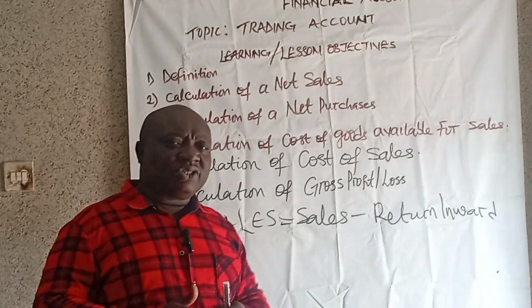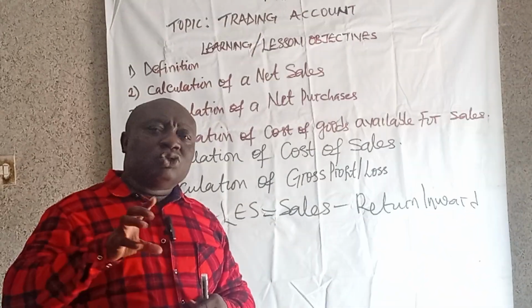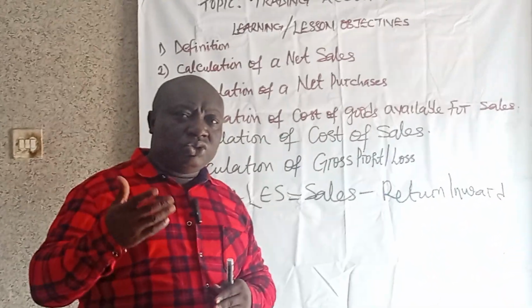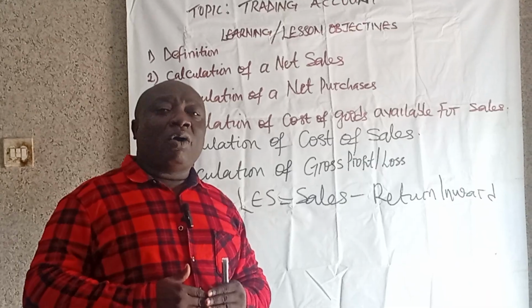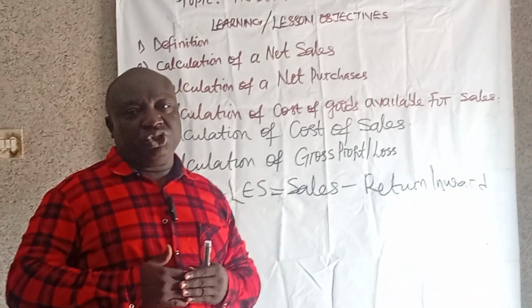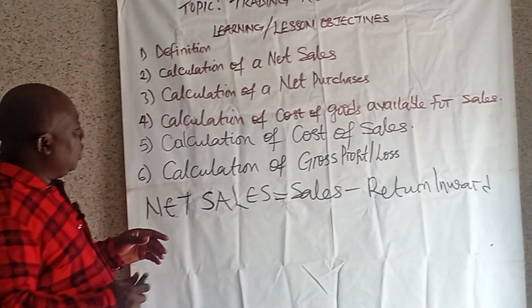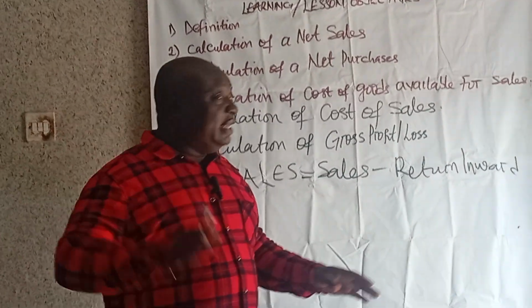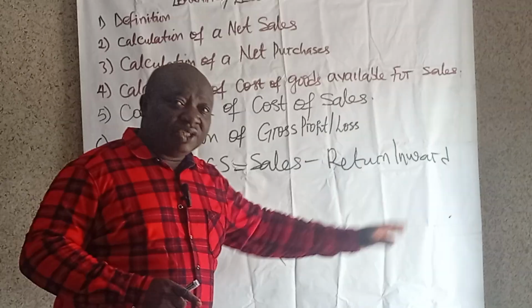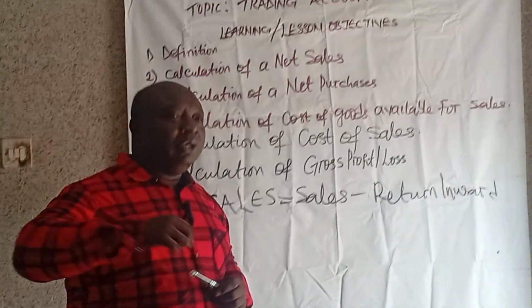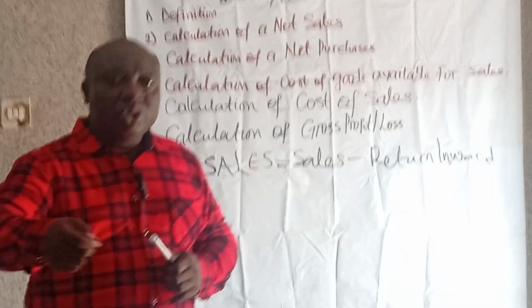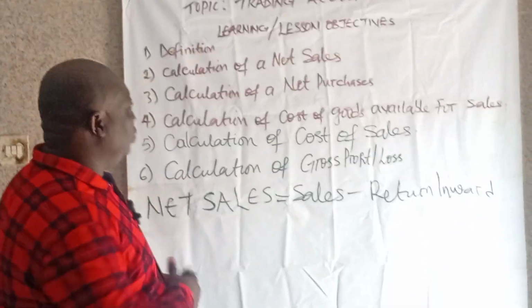It could be because those goods sold to the customer were not in good condition. To calculate net sales, as I've said, it is sales minus return inward. So the monetary value of goods returned is the return inward.